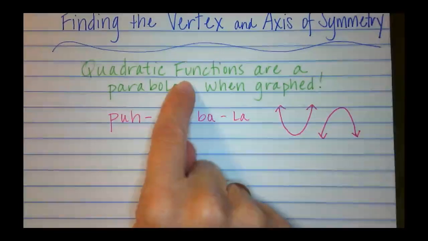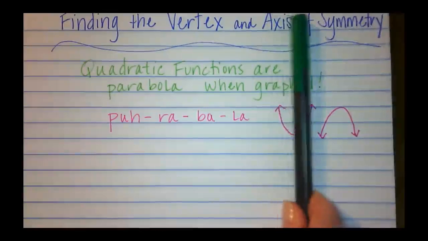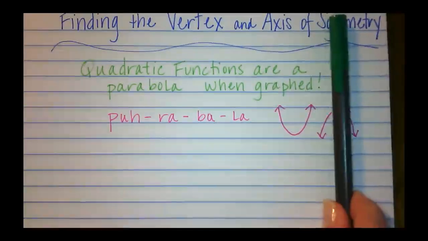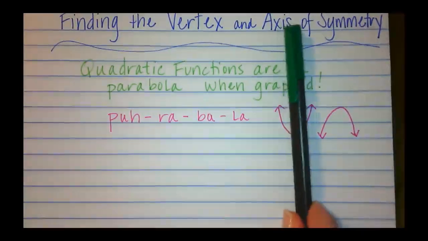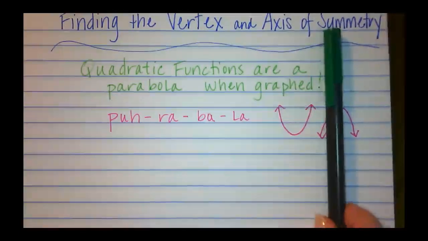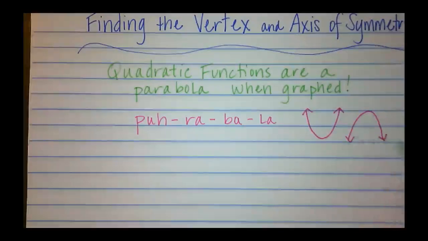So if you remember the vertical line test, that's when you would put a vertical line to make sure that the function or the equation that you're graphing only hits each vertical line one time. So if it went this way, we can even use our notebook paper lines to see that if we did a vertical line test, it's going to hit it twice. So we are only graphing functions. So we are going to be looking at parabolas that open up and open down.